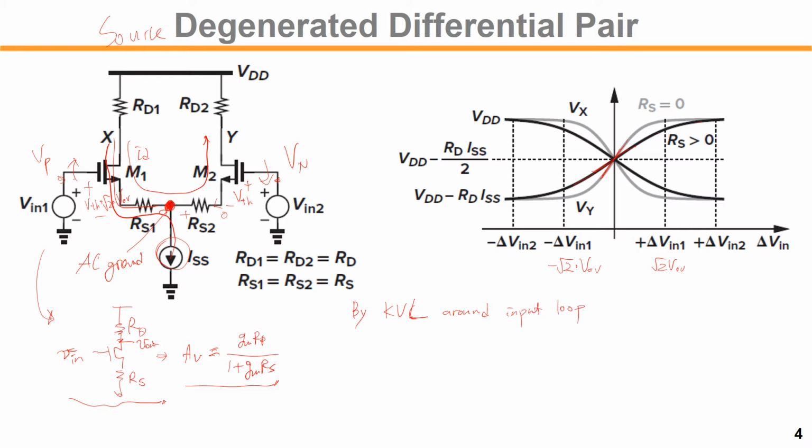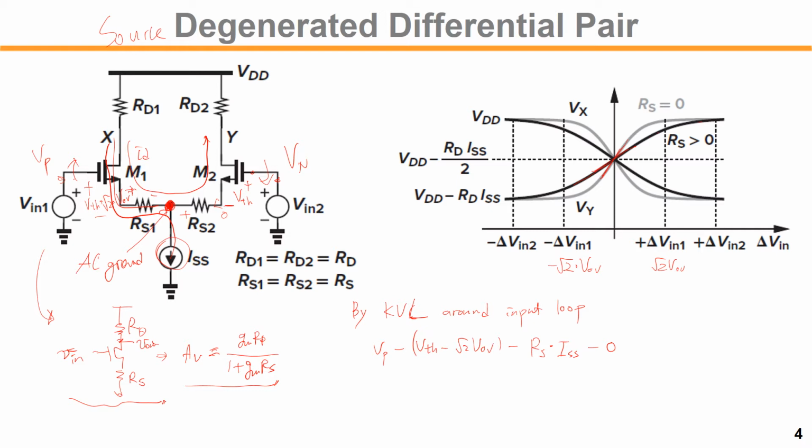So starting from VP, we have a voltage drop. How much? VTH plus square root 2 times the overdrive voltage. And we have a voltage drop across RS1. That would be RS times ISS, right? And then how much voltage drop over RS2? That would be 0 volts because there is no current. And the voltage drop between gate and source of M2 would be VTH.